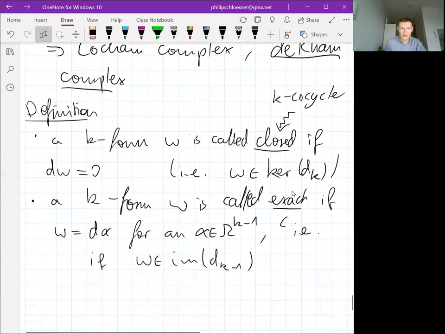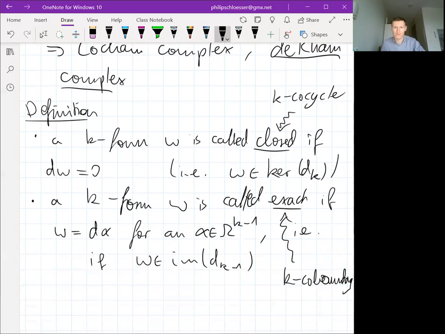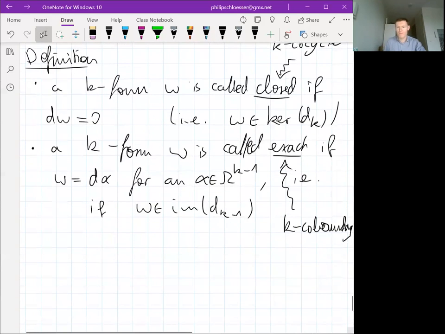So again, we could also call it a k-coboundary. And since we know that d squares to 0, we know that every exact form is closed.